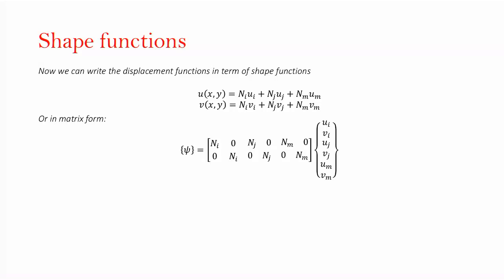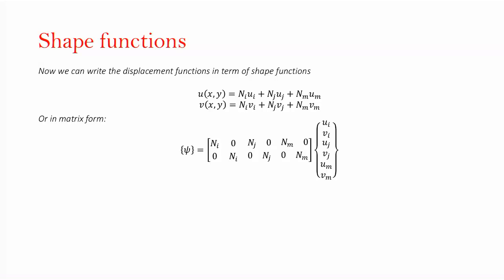The first matrix is called shape functions. You remember N1 and N2 for the 1D element. Here, Ni, Nj, and Nm are the shape functions. And the second matrix is the nodal displacement matrix: Ui, Vi, Uj, Vj, Um, and Vm.